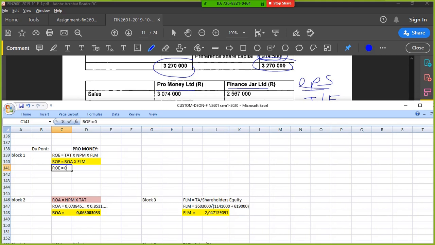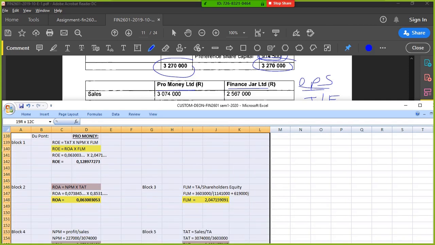Answer from before, 0.063, and 2.0471. ROE equals that answer times that answer. That's what you're doing. Then you have your ROE complete. So that's the first one for Pro Money done.